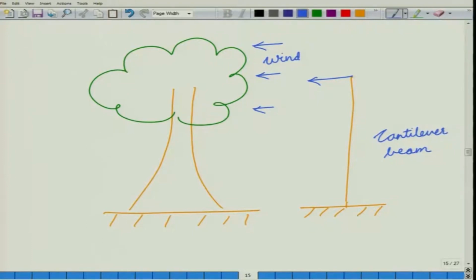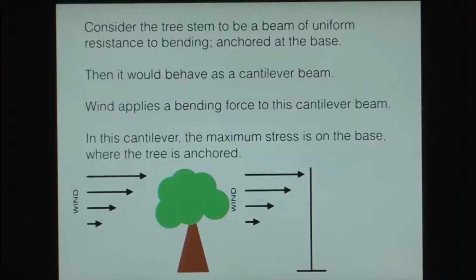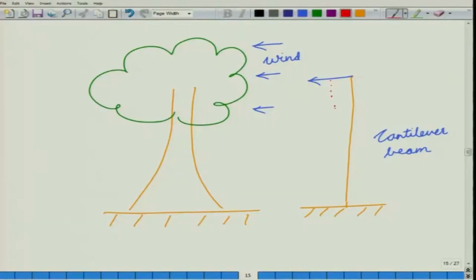In this cantilever, the maximum stress is on the base where the tree is anchored. So, when this wind pressure is trying to bend this tree to its side, the maximum stress point is here, the point of maximum stress.